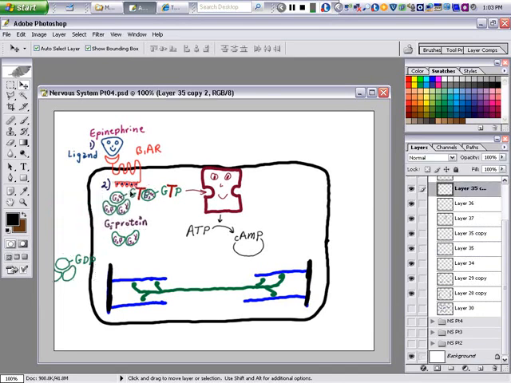The G protein with GTP loses the beta and gamma subunits. The alpha subunit, the activated part with the GTP, goes and binds to this protein, which converts ATP to cyclic AMP. When we come back next time, we'll find out the name of this mysterious protein and what happens next. Any questions?